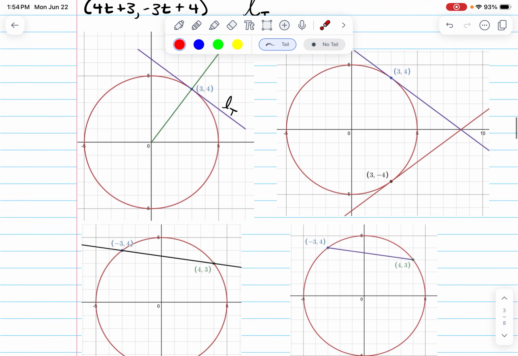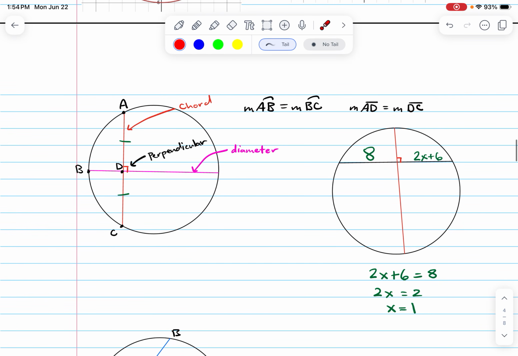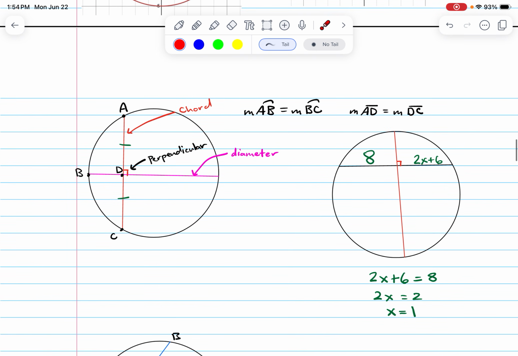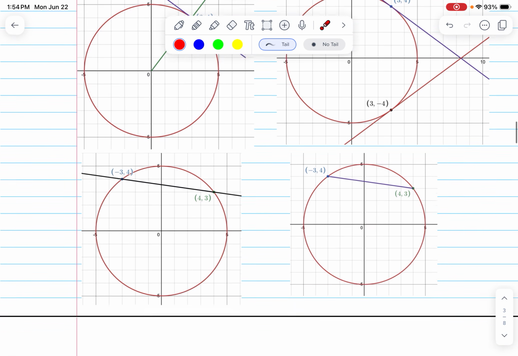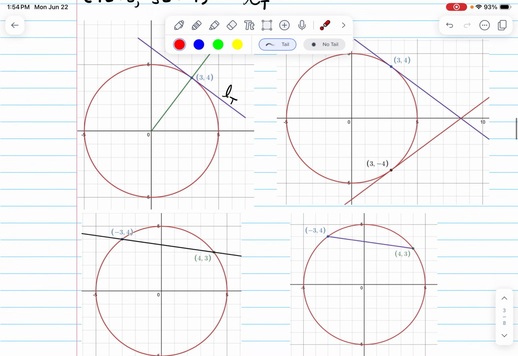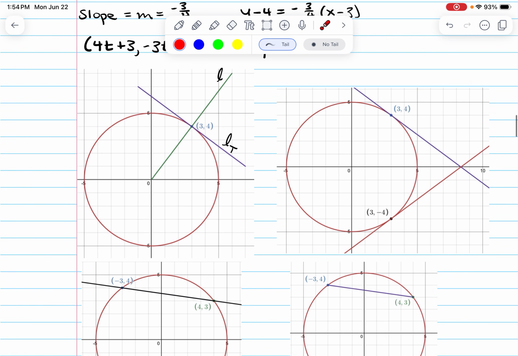Okay. Now, I want to jump over here and take note of some things. I'm skipping this part here. I'm going to talk about that in just a second. The way I've pieced this together, I may do some rearranging here.